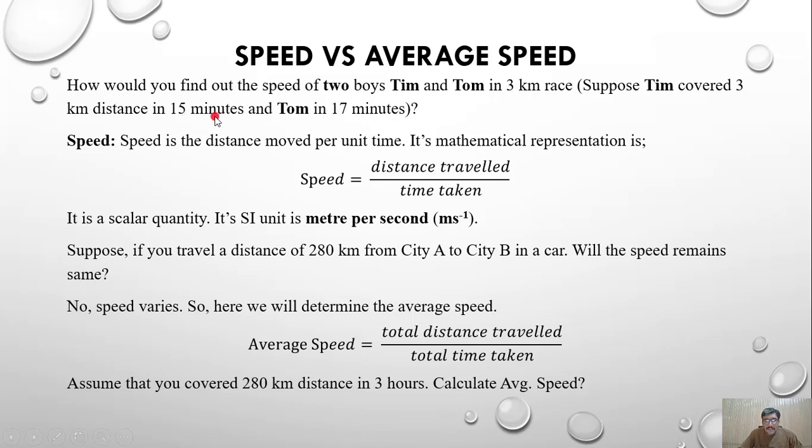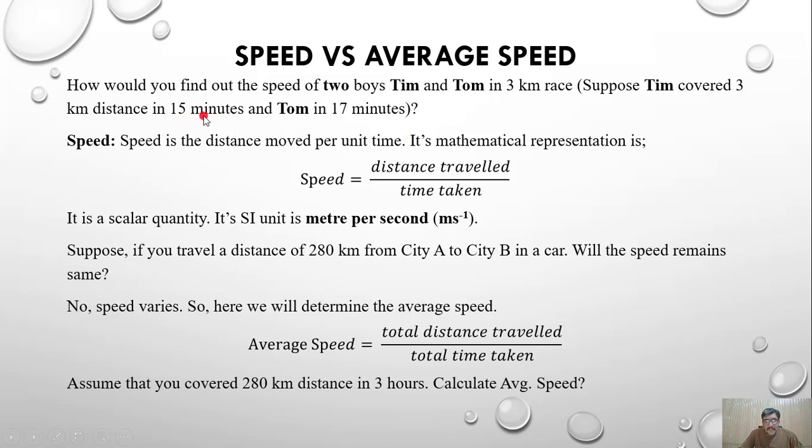I hope you know how to convert minutes into hours. You know that 1 minute is equal to 60 seconds, and in 1 hour I have 60 minutes. So when I have to change minutes to hours, I have to divide the time by 60.